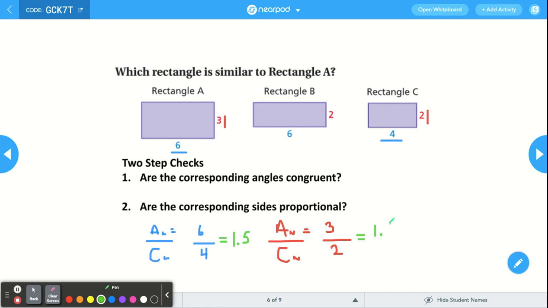So because these two numbers match up, I could tell that rectangle A and rectangle C are similar. Their lengths are proportional to their widths. So 6 is to 4 is the same comparison as 3 to 2.